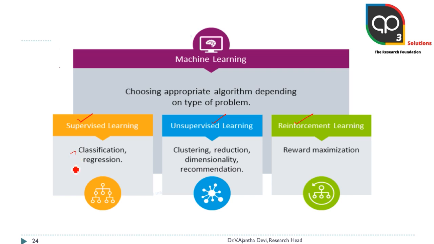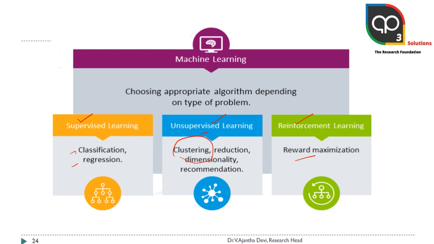Under supervised we further categorize into classification and regression. Under unsupervised we mainly concentrate on clustering. And reinforcement is always about reward maximization. That is what is specified here.